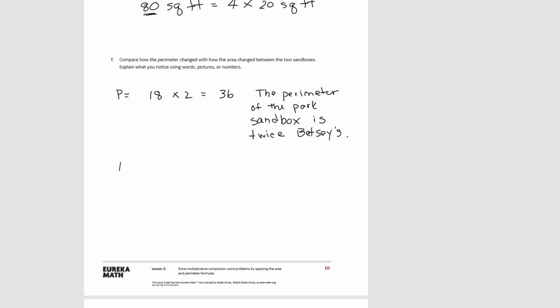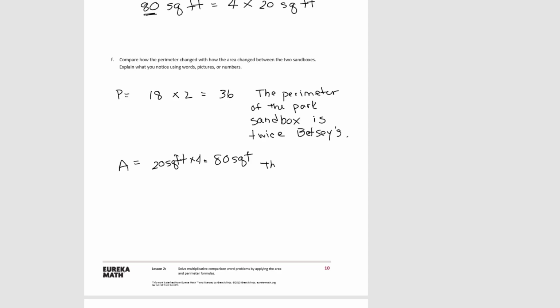We said the area of Betsy's was 20 square feet, and the area of the park was 80 square feet, and we said that was 4 times.